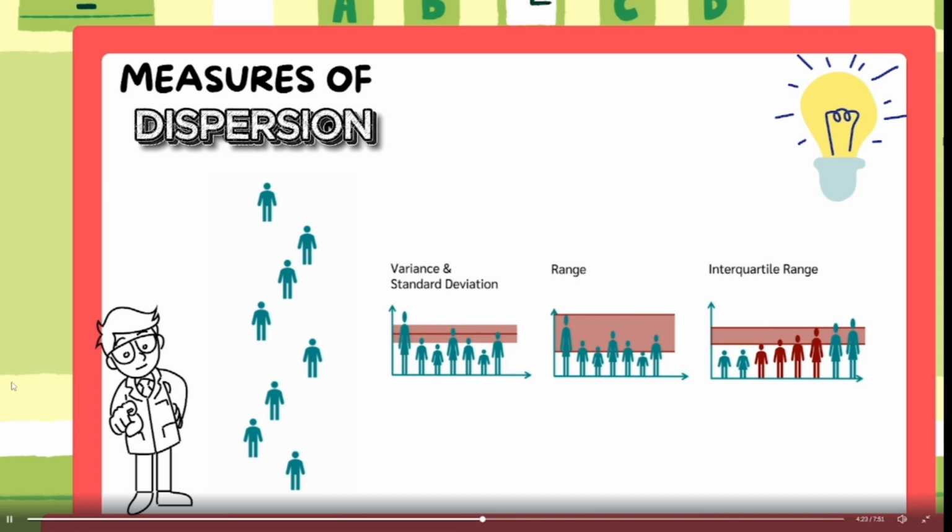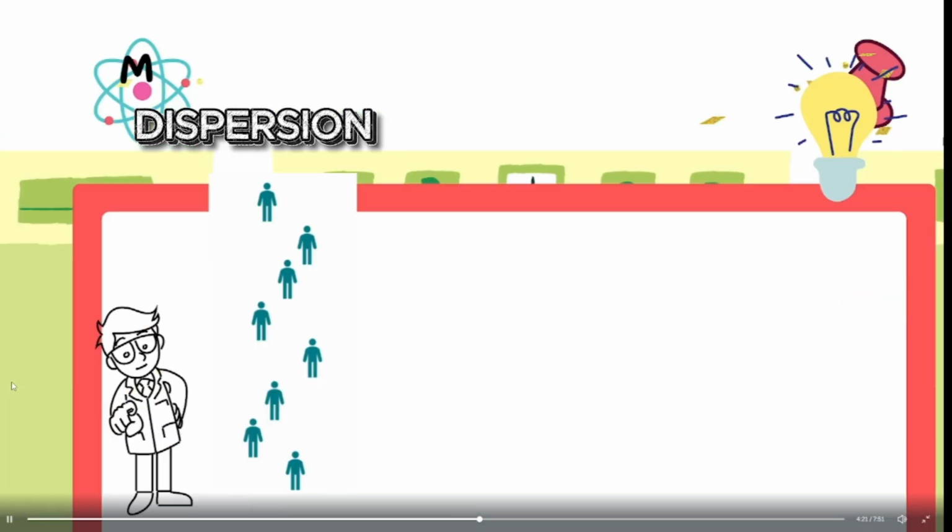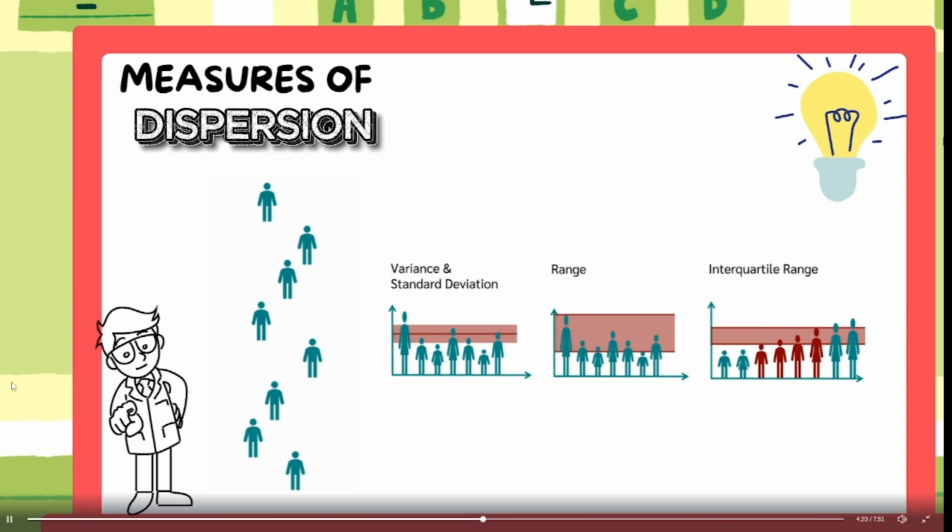In contrast, variance and its square root, the standard deviation, are more robust measures because they calculate the average distance of every data point from the mean. The standard deviation is expressed in the original units of the data and is widely used to understand the typical distance from the average, indicating how consistently data points cluster together.